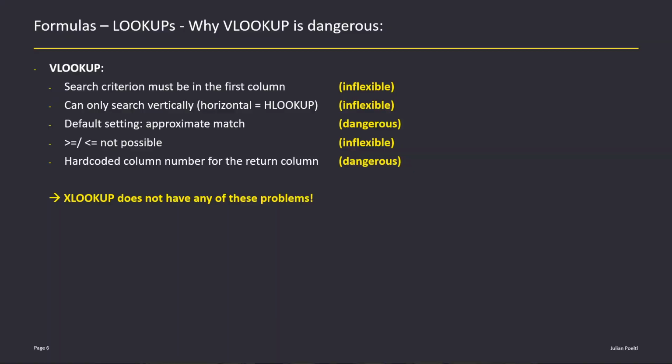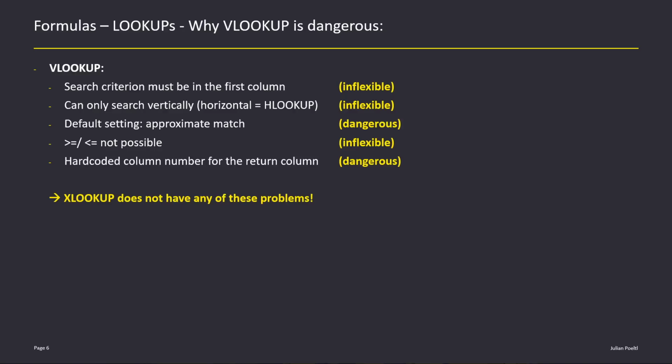And why is VLOOKUP not good? Because the search criterion must be in the first column. So you search in the first column and then return something in a later column. If it's switched up, you're screwed. You can only search vertically, because for horizontal lookup, you have to use HLOOKUP. Then it's super dangerous because the default setting is approximate match.